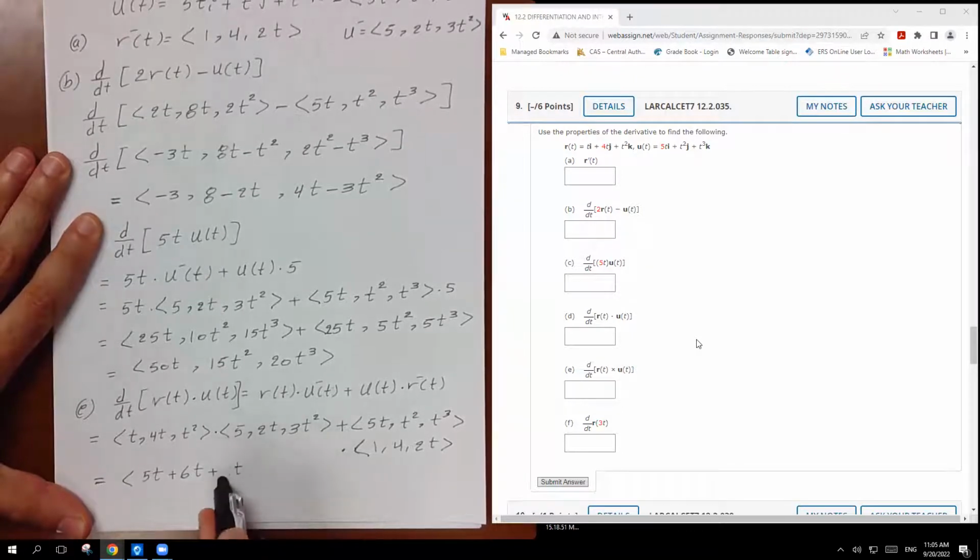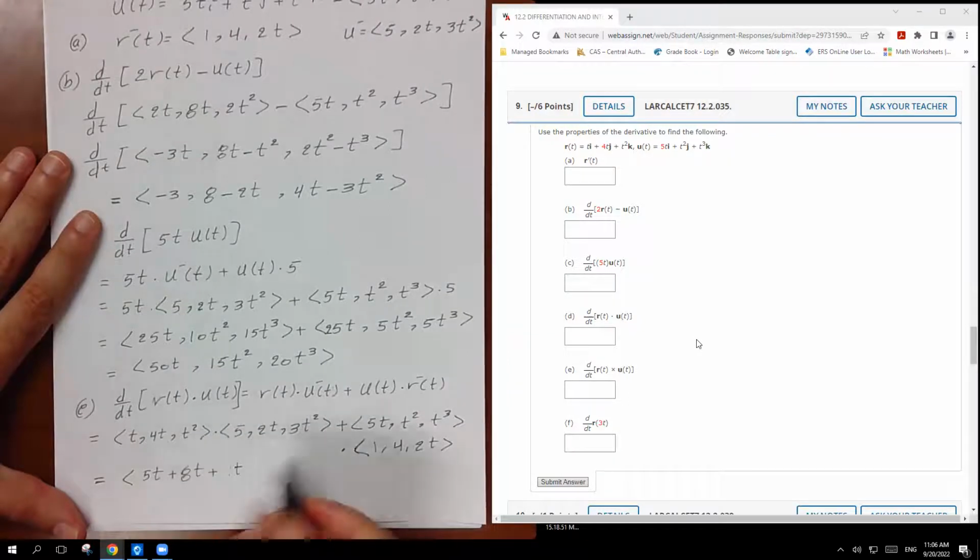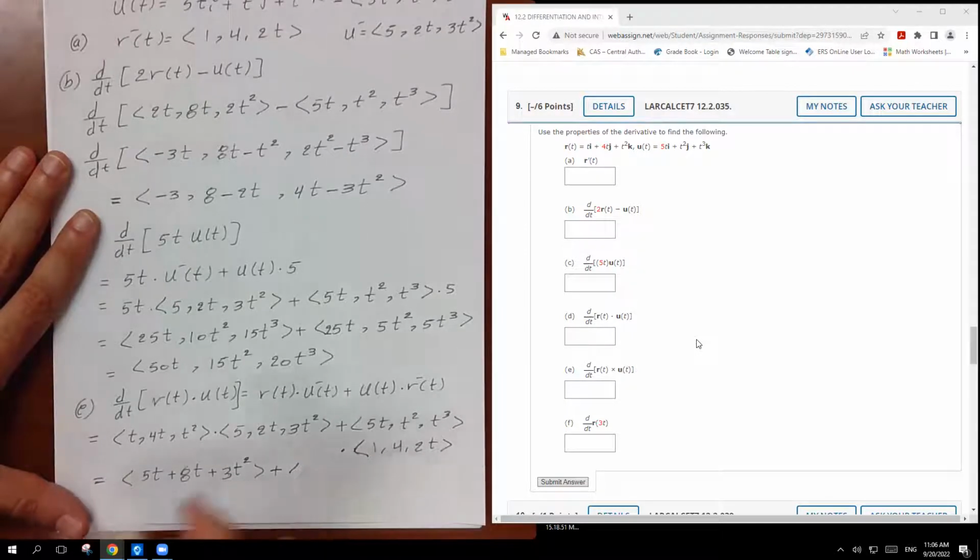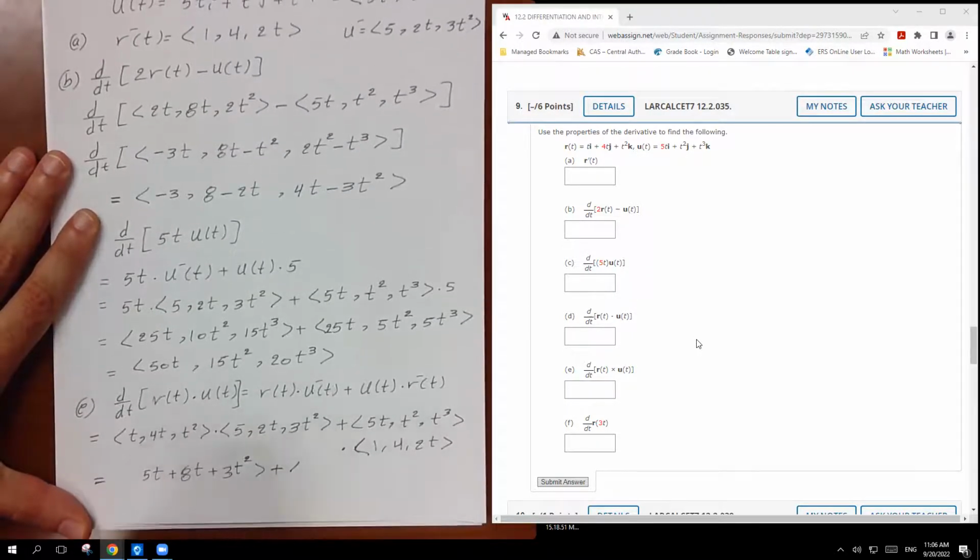We're not adding... wait a minute. This is not a vector, that's why I confuse myself. It's a dot product, so the result is going to be a scalar.